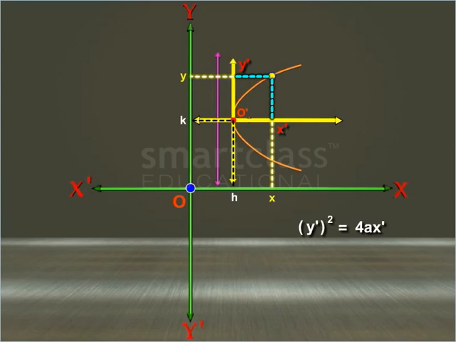Thus, the equation of this parabola with origin at h, k is y minus k whole square equal to 4a multiplied by x minus h.